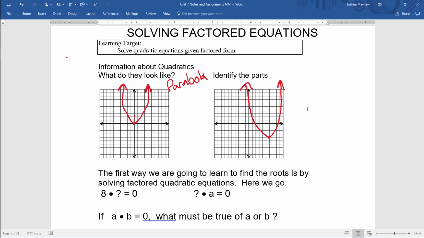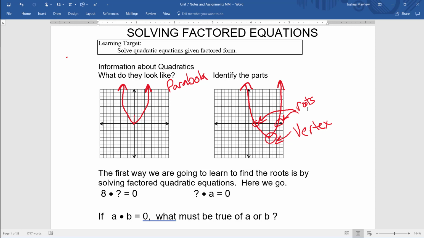Okay, this right here is called the vertex. Where the graph touches the x-axis actually has several names. Roots. You can also call them x-intercepts. They can also be called the solutions, and that is where the solutions to a quadratic are located.